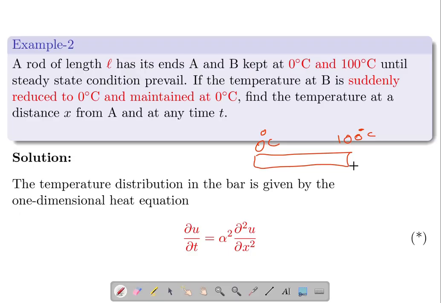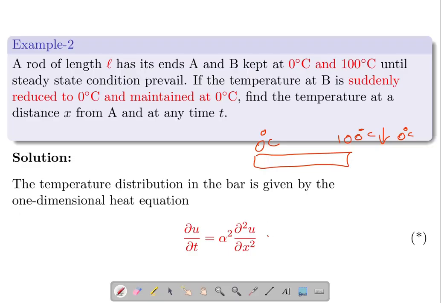So one end is non-zero. If the temperature at B is suddenly reduced to 0 degree Celsius and maintained at 0 degree, then after some time it will be reduced to 0 degree Celsius.